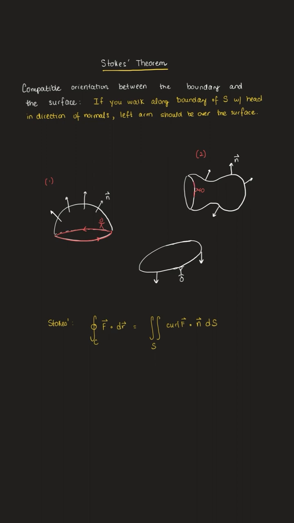And I need to do it so that my head points to the normals, and when I'm walking, I want my left arm to point into my surface, over the surface. Then in this case, we want to walk in this direction. Because if we walk in this direction, then you can think, okay, I'm facing this way, my left arm should be pointing towards the region. If I'm going the other way, then my right arm will point over the region. So that's how we think about our orientation, so that the curl on the surface is oriented in the same direction as the circulation on the boundary, how we're measuring the circulation on the boundary.